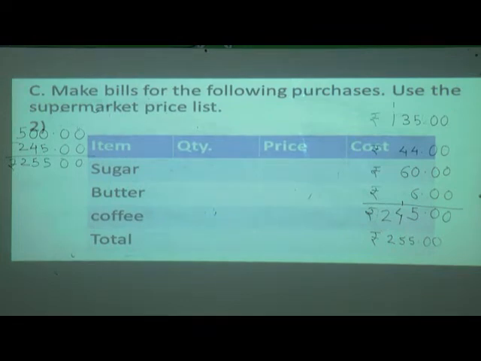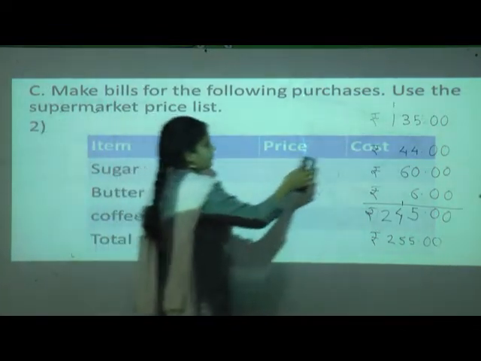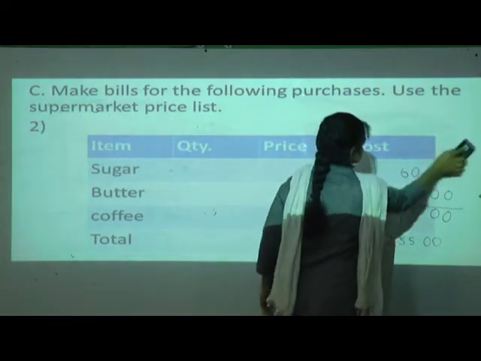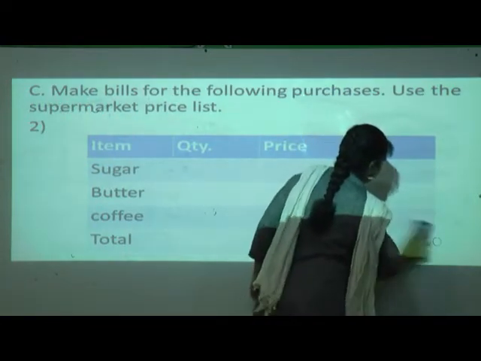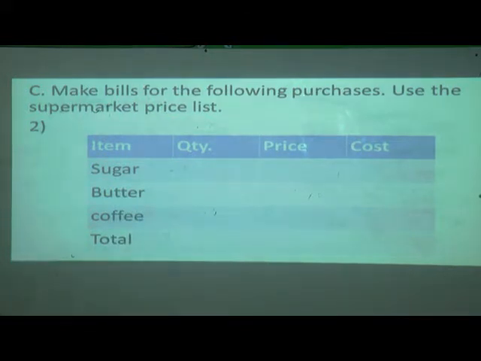Here, from question number C, second one. Okay, here they have given sugar, butter, coffee.